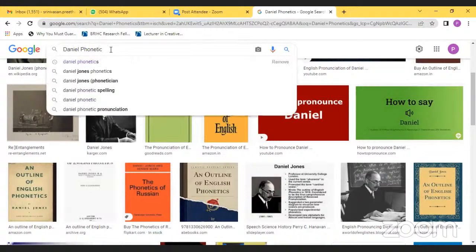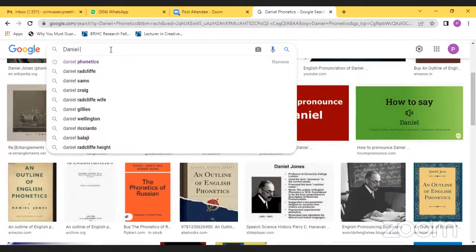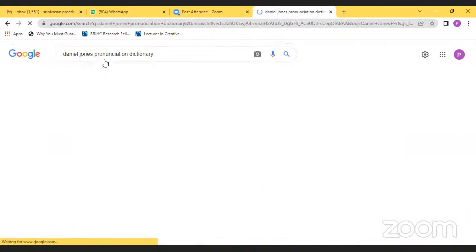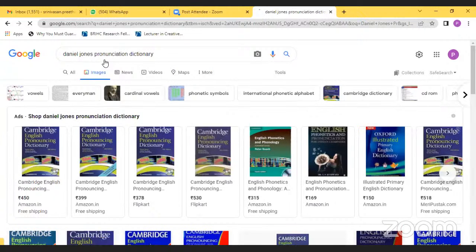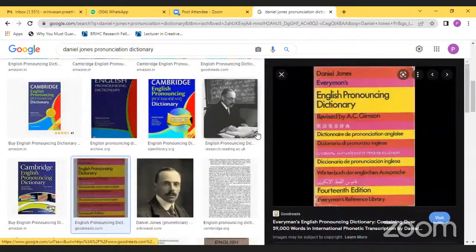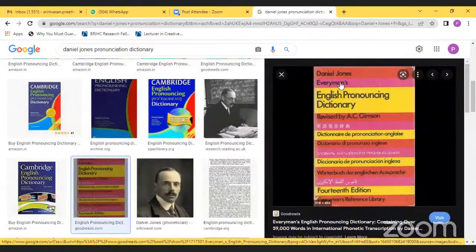Daniel Jones Pronunciation Dictionary. That was a Bible for our phonetics. See, Daniel Jones, Everyman's English Pronunciation Dictionary.